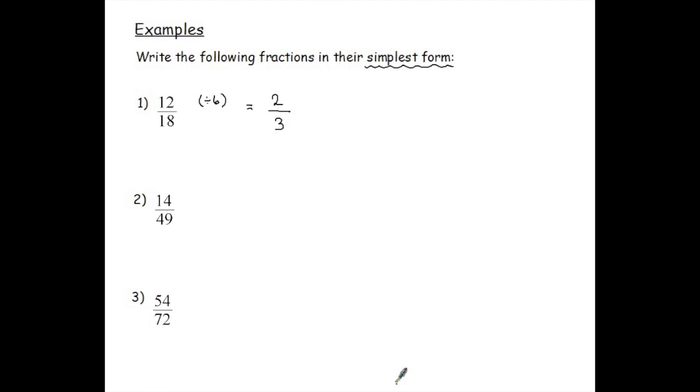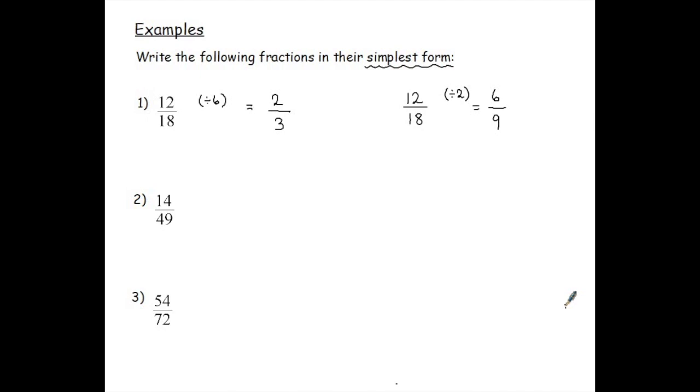Just because some people might not realise that 6 goes in, if you started by dividing by 2, for example, so if you saw that 2 went into both these numbers, if you divided both of these numbers by 2, 2 goes into 12 6 times, and 2 goes into 18 9 times. But if you have a look at that fraction now, it's not the same as the one we had at the beginning.